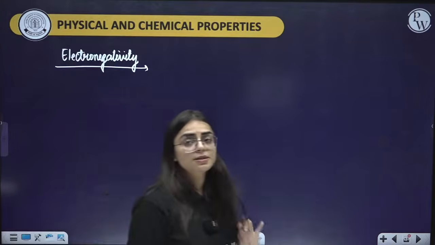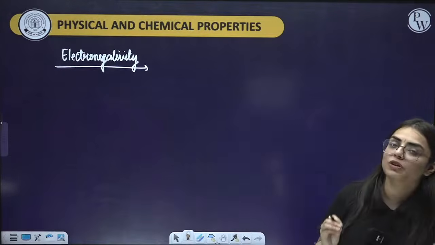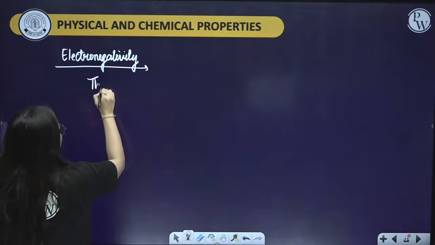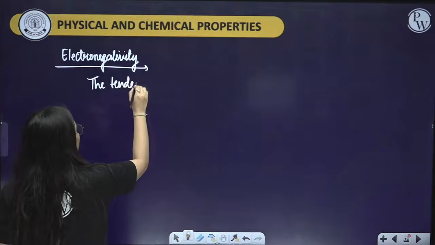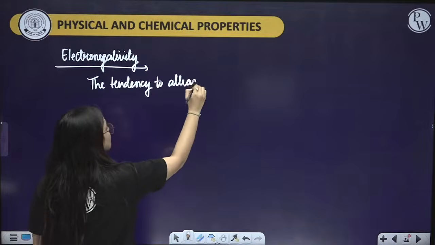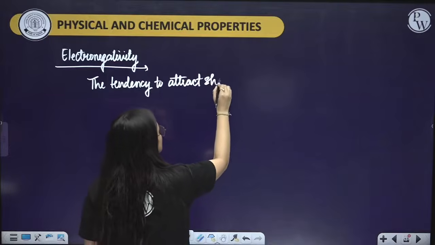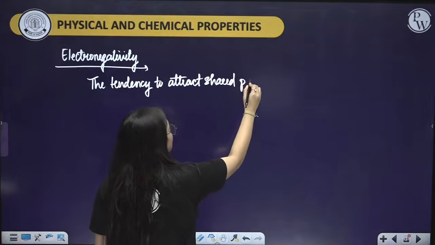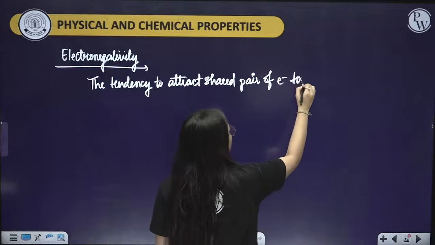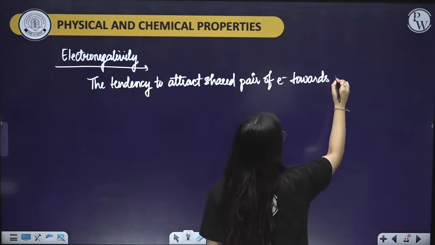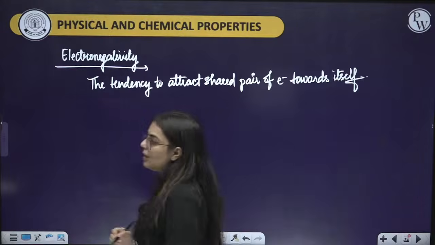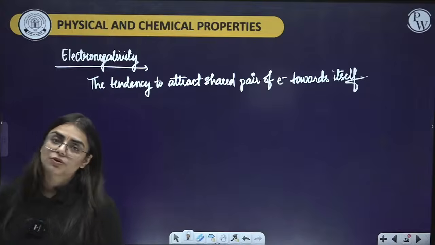Electronegativity is the tendency to attract a shared pair of electrons towards itself.